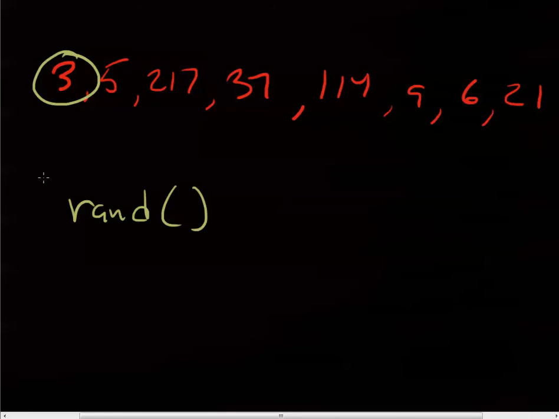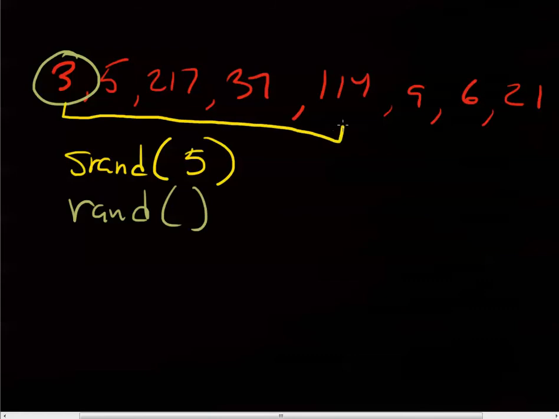Now when we call srand and we provide a parameter, let's say 5, what we're doing is we are causing the current position along the sequence to change and to perhaps start at 117. So now when I call random, I get this value.